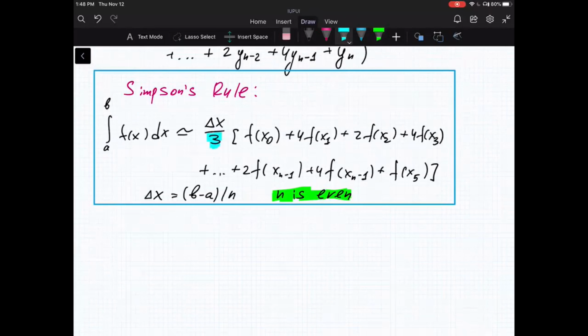We have 1 in front of the first point, f of x0, and 1 is the coefficient for the last one, while in the middle you have alternating coefficients. So it's 4, 2, 4, 2, 4, 2, and so on.